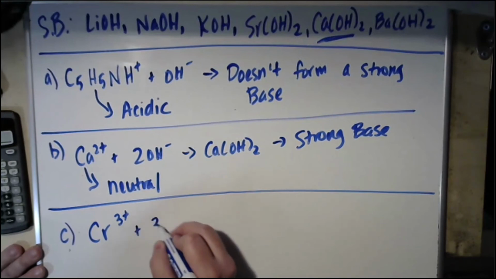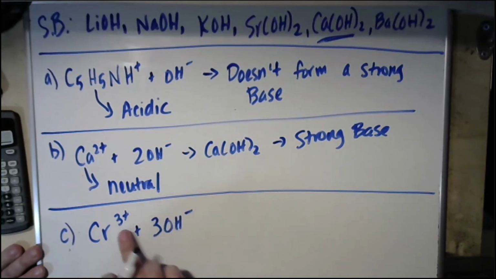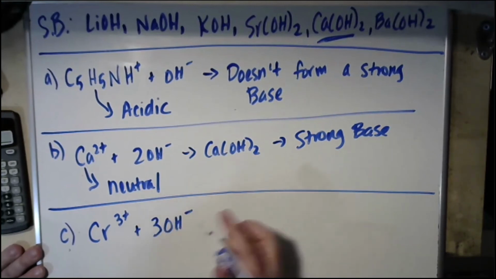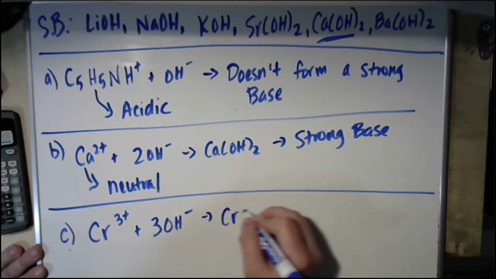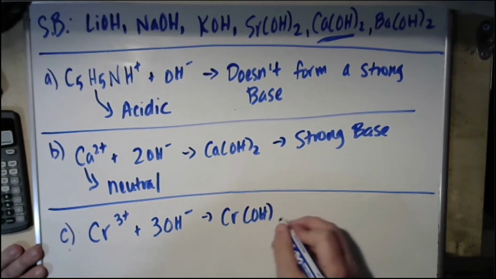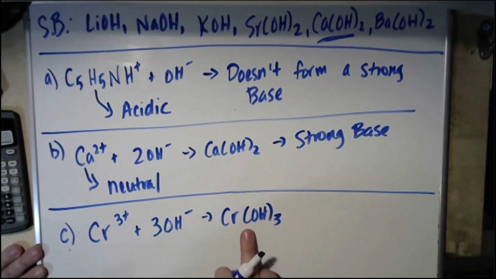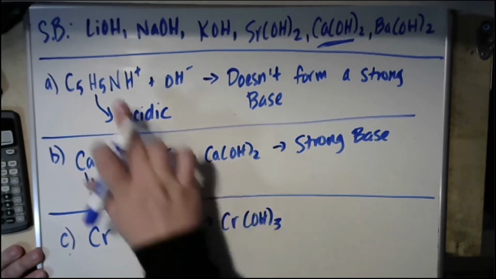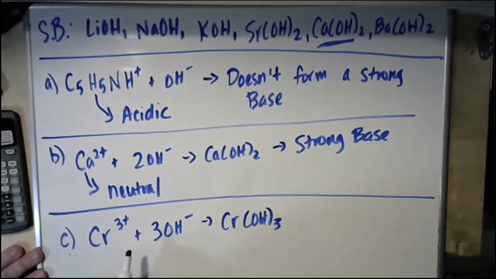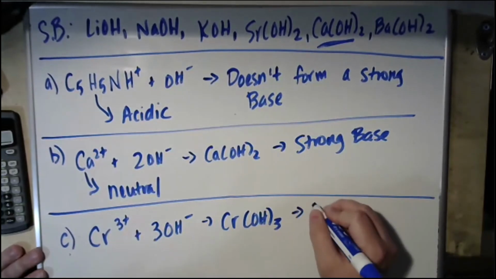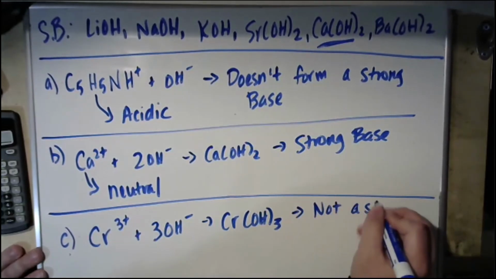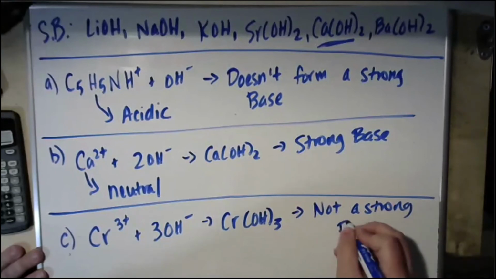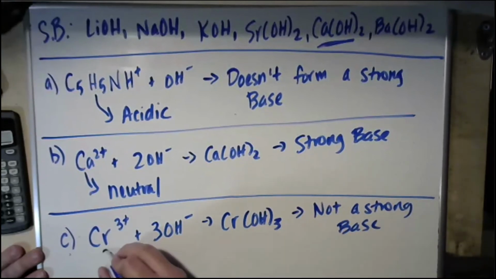So if I added 3 hydroxides to this to counteract the charge, I end up with CrOH3. Chromium hydroxide is not on my strong base list, right? If it's not a strong base, that means that the cation is an acidic one.